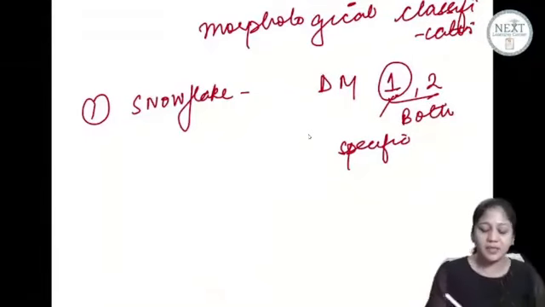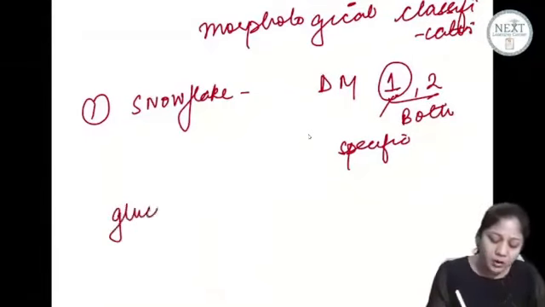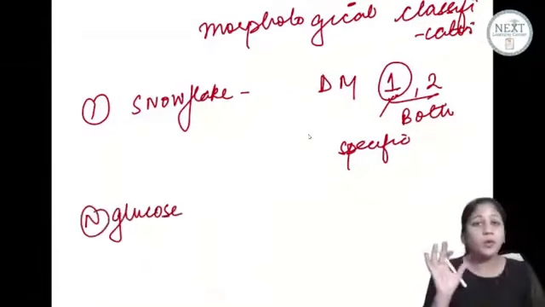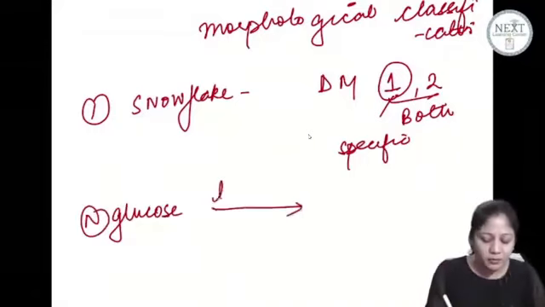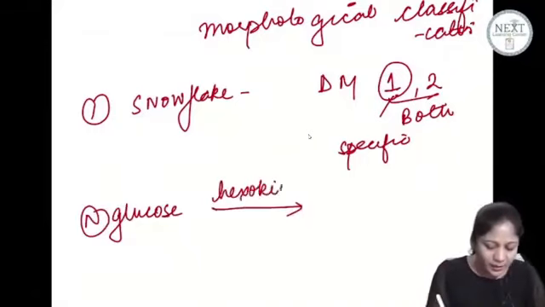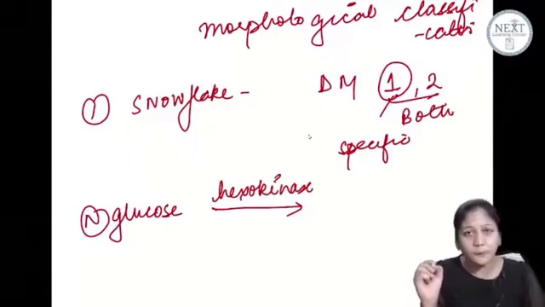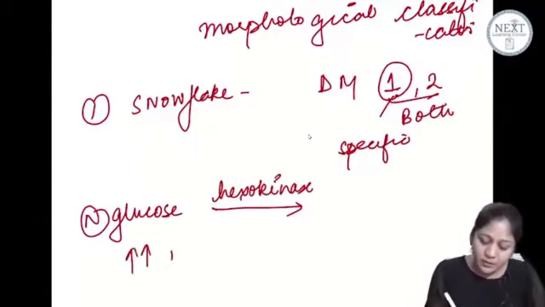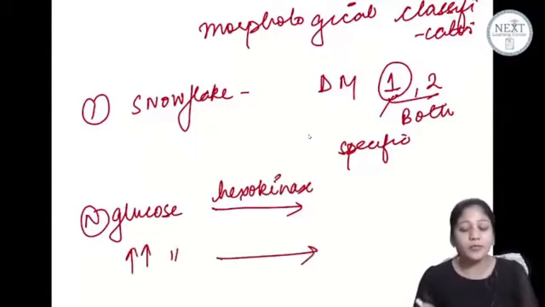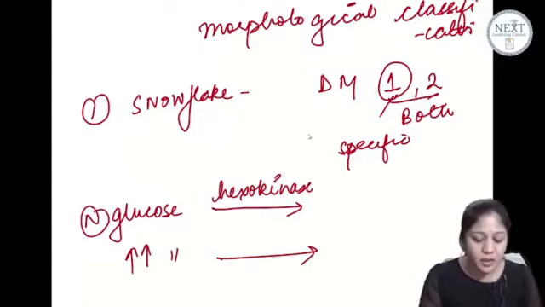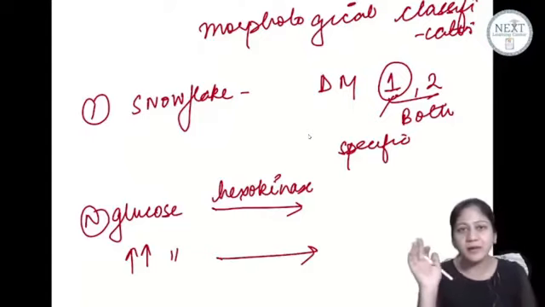Very important. Please see. When you have normal glucose, how is it metabolized? It is metabolized by the hexokinase enzyme, yes or no? But when you have excessive glucose, like in cases of diabetes, this extra glucose is not utilized by hexokinase.